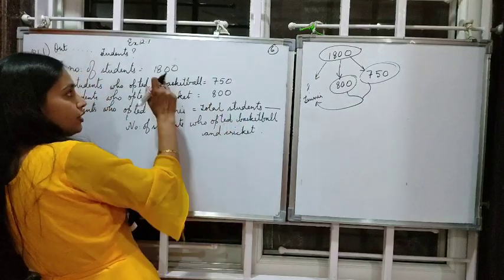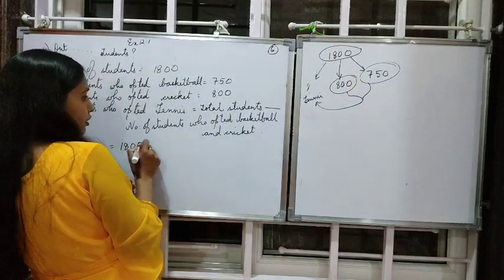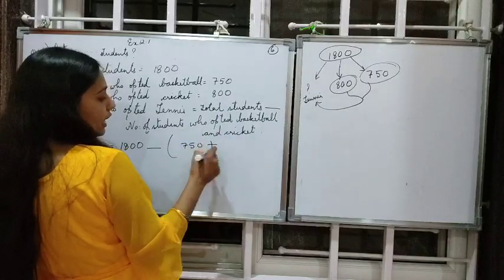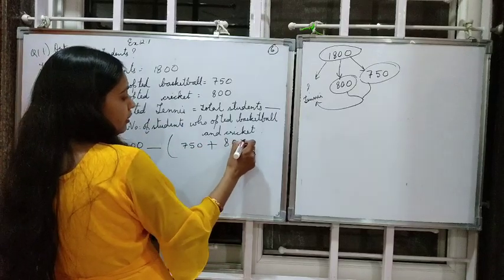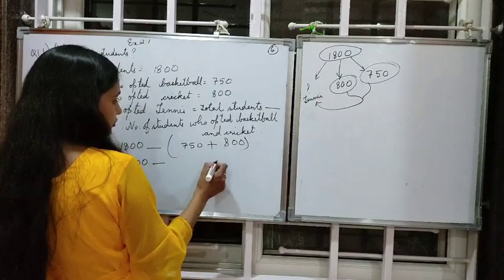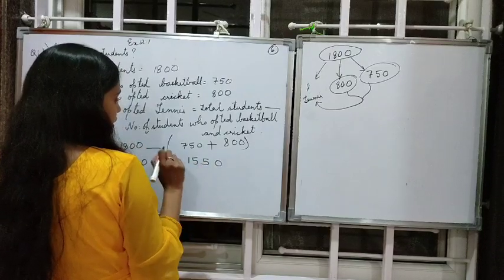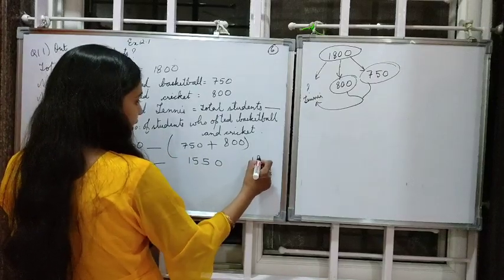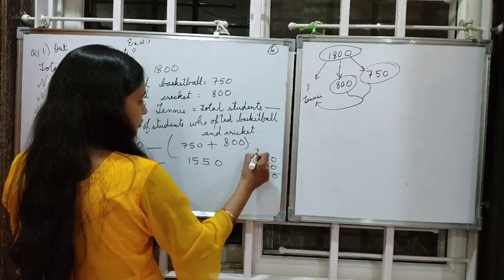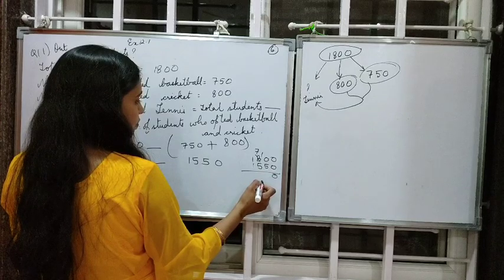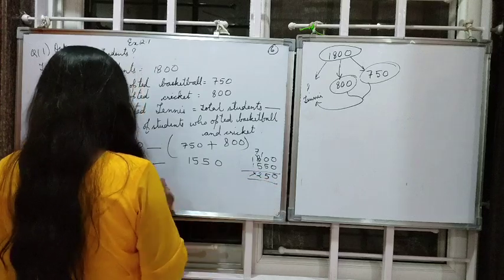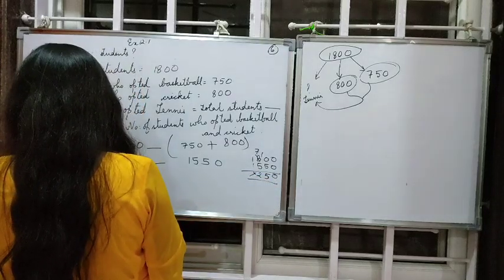The total is 1800 minus the number who opted for basketball, 750, plus cricket, 800. So we add, it is 1550, which we subtract from 1800. It is 250.